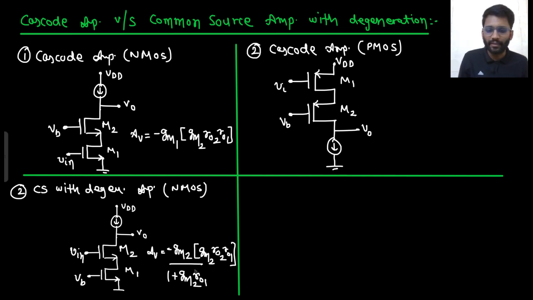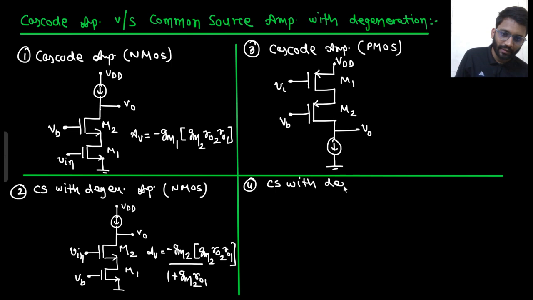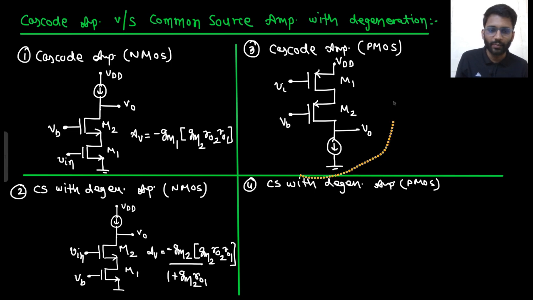And if I am making common source with degeneration, okay, this was the third one, and this is the fourth one. So I am making common source with degeneration amp using PMOS. What I need to do, I just need to copy this circuit.